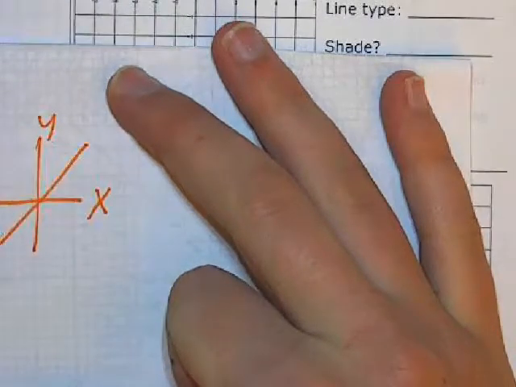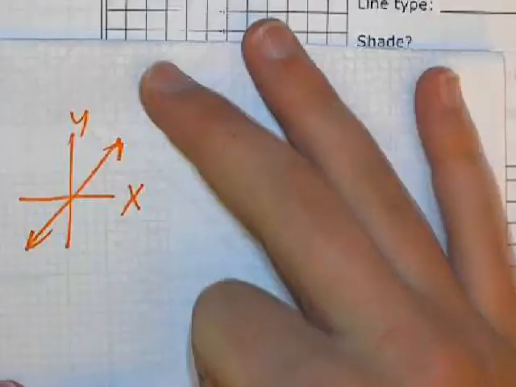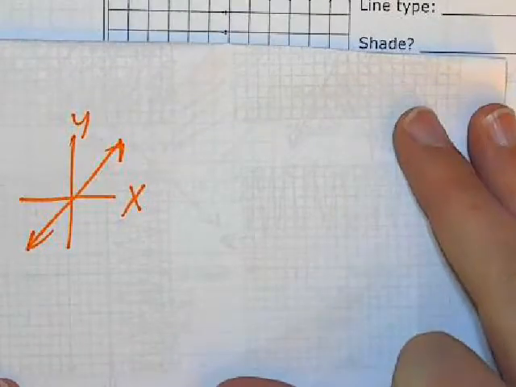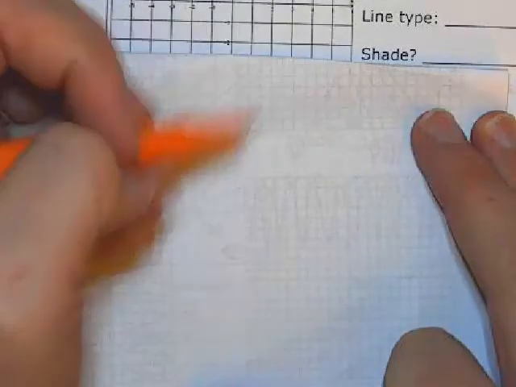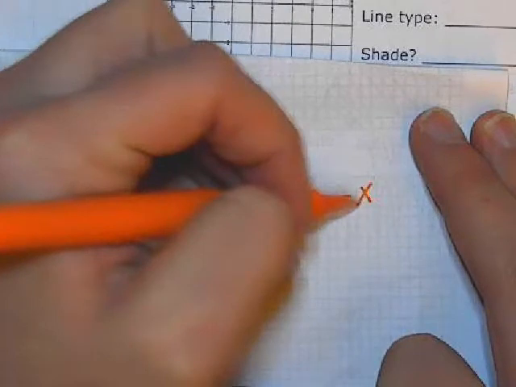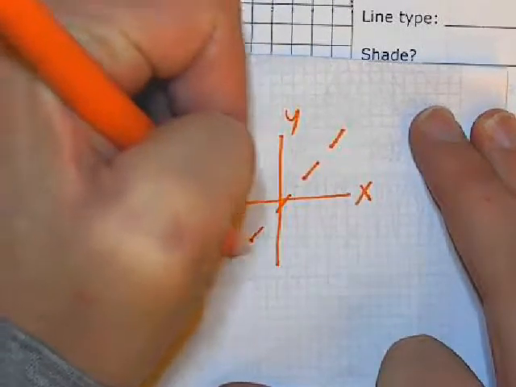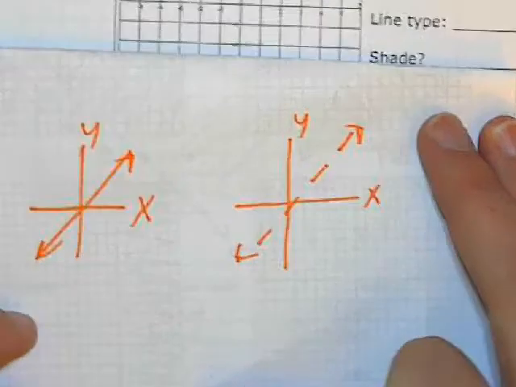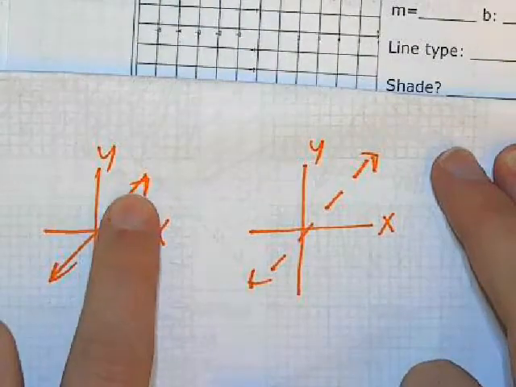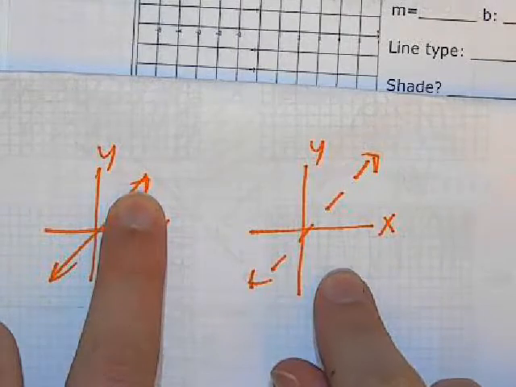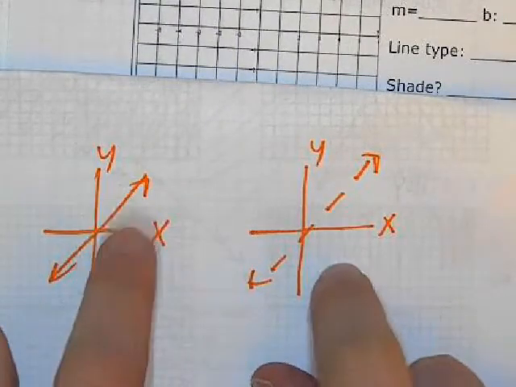And just a regular line. That's one way you can have a line. A new way that you could have a line is like this today. X, y. You could have a dashed line. So you could have a solid line or a dashed line. There's two different ways.